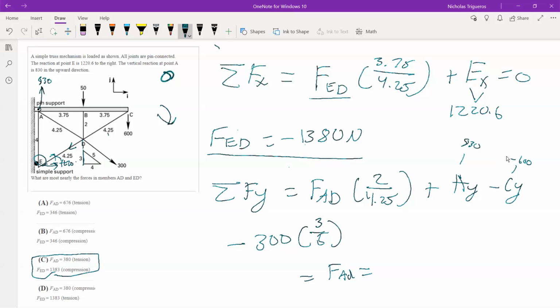No, is it negative? Divided by 2. Oh yeah, we get 380. We're still working it. I didn't miss anything. Oh crap, I missed that 50. Oh, there's a 50 there. Okay. Minus 50.